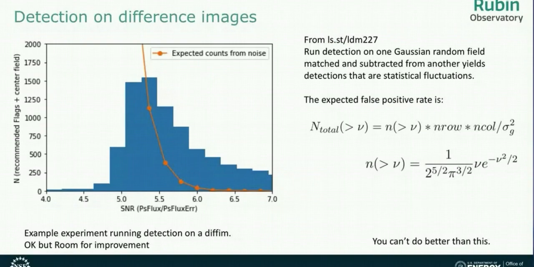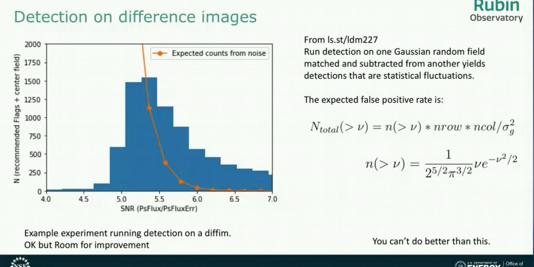There are many more faint objects than there are bright objects, and so your false positive rate on difference images, that is your false detection rate, will always be dominated by noise in the faint end.